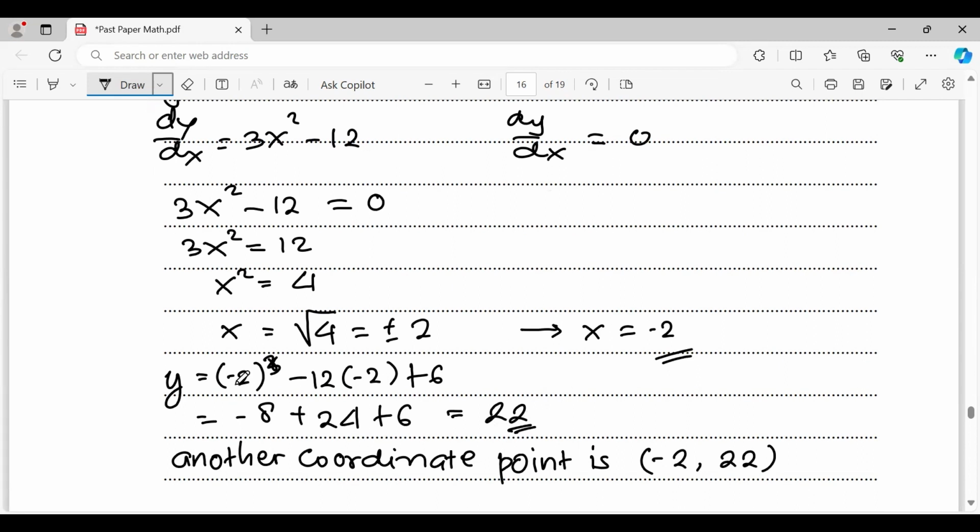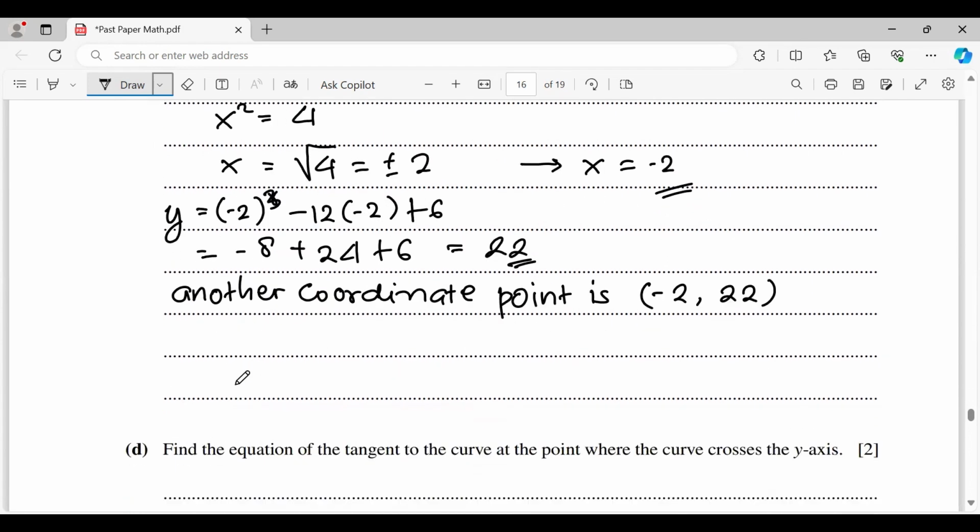Now we're going to determine the nature of the stationary point through the second derivative. The second derivative of y equals 6x, right? Then x equals negative 2, it means 6 times negative 2 equals negative 12.